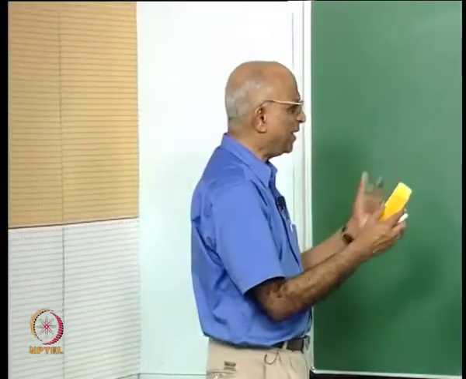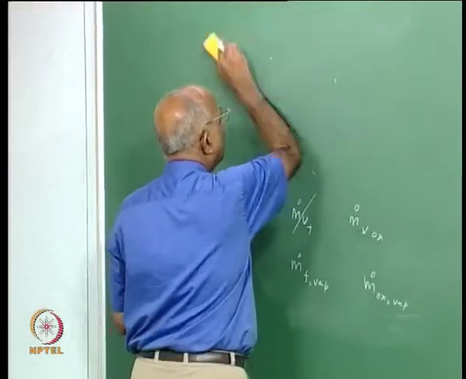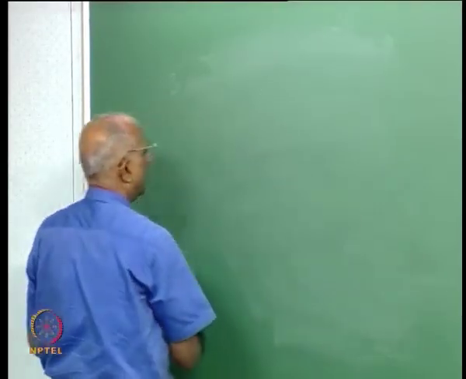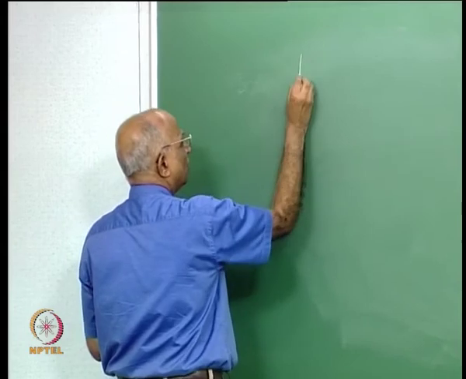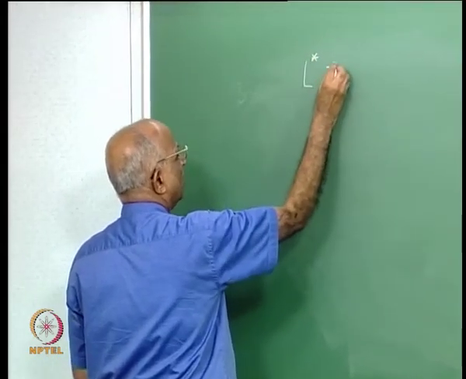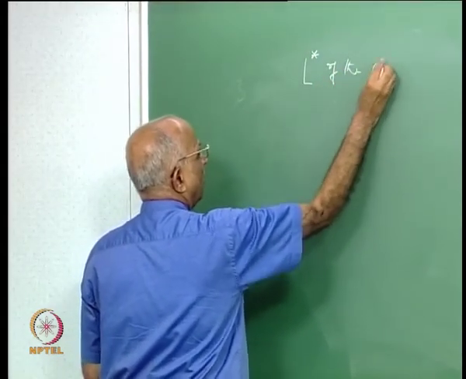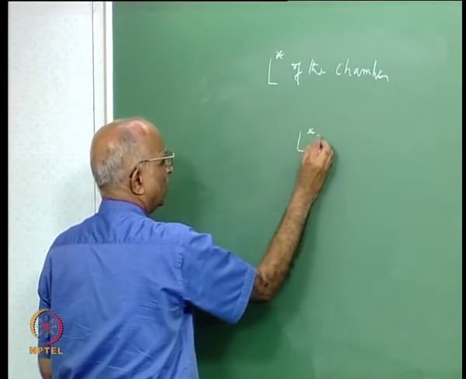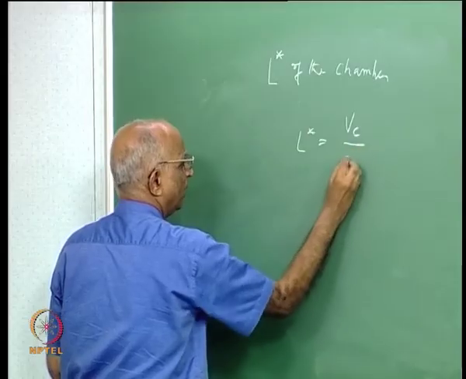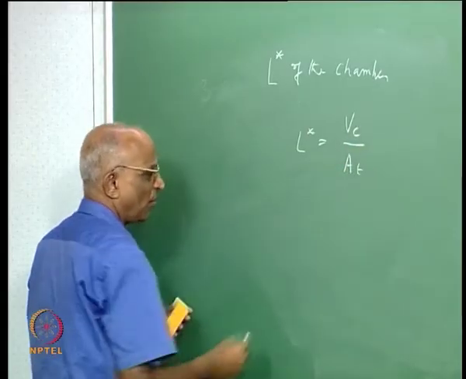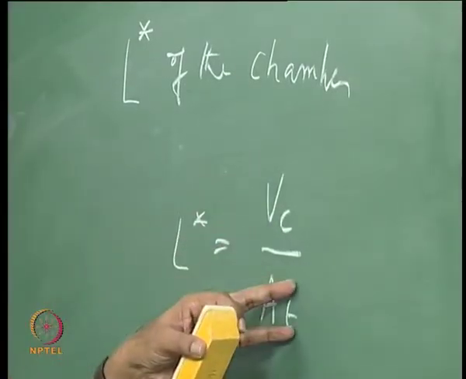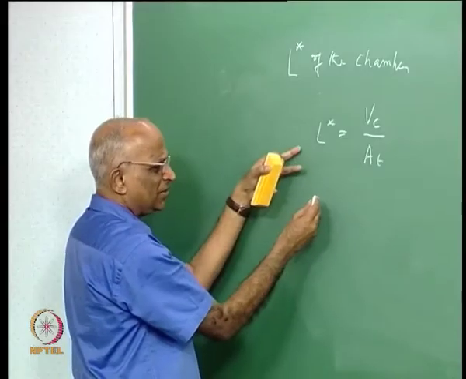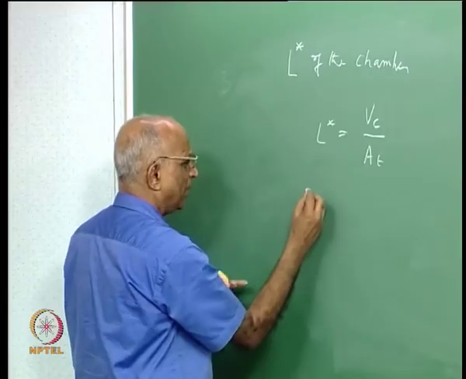See, I just made a case saying that, well, we need vaporization, we would like vaporization to be completed, and normally we choose L star of the chamber. What did we say was L star? L star was equal to the volume of the chamber divided by the throat area, which has units of length, meter cube by meter square, and this length is something which tells us whether vaporization could be completed.